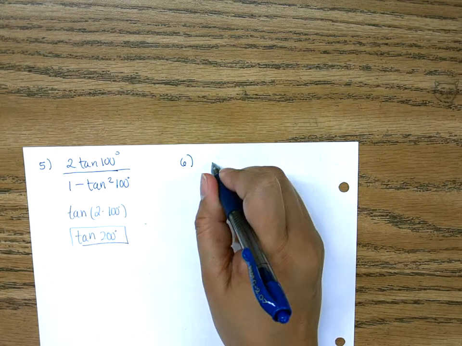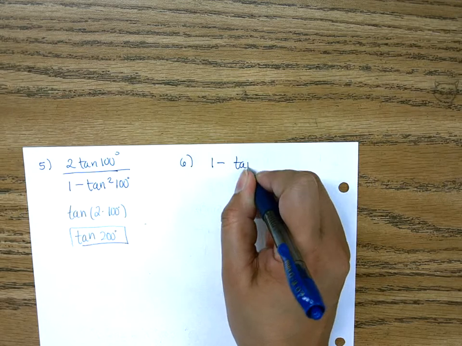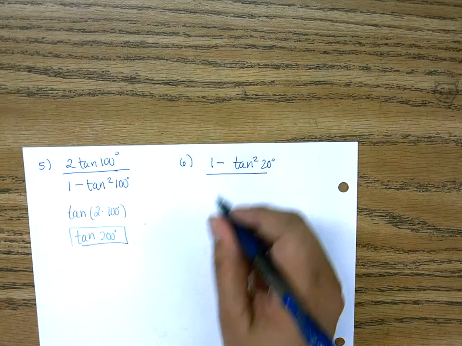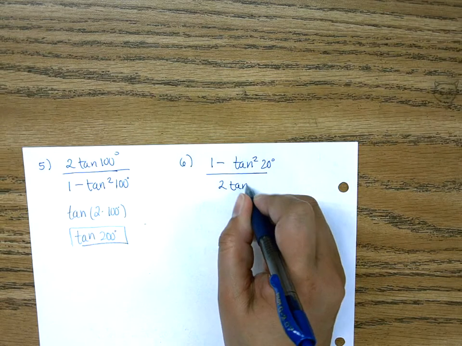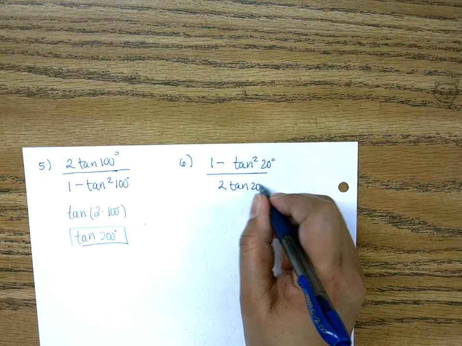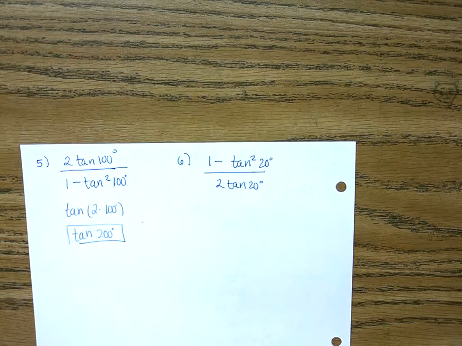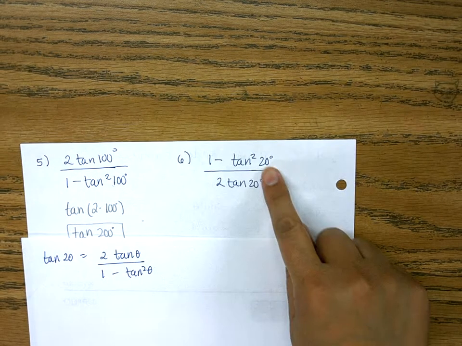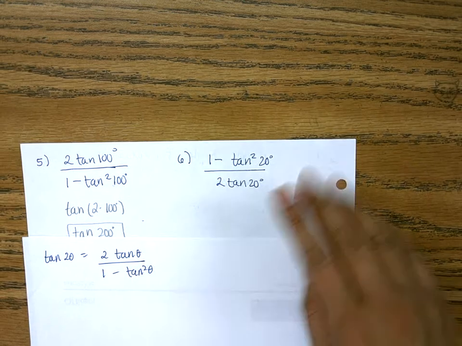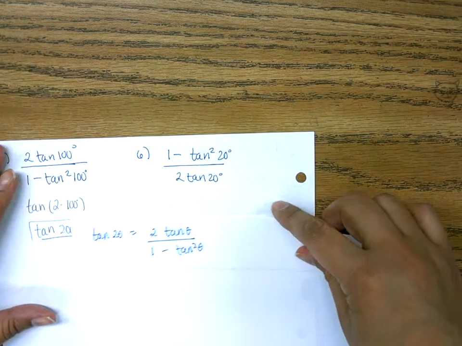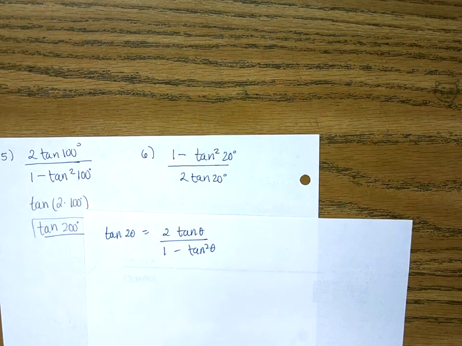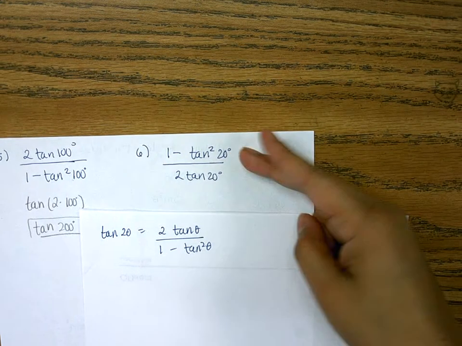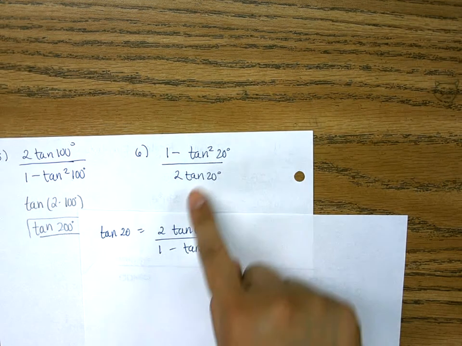Number 6. 1 minus tan squared 20 degrees over 2 tan 20 degrees. Okay, so we can tell that it's the tangent function, but how is it different? Can you see the difference between these two? What happened? Did it flip on a negative or did it flip on the fraction? And you do need to know the difference for the test. Can you see that it's flipped on the fraction?